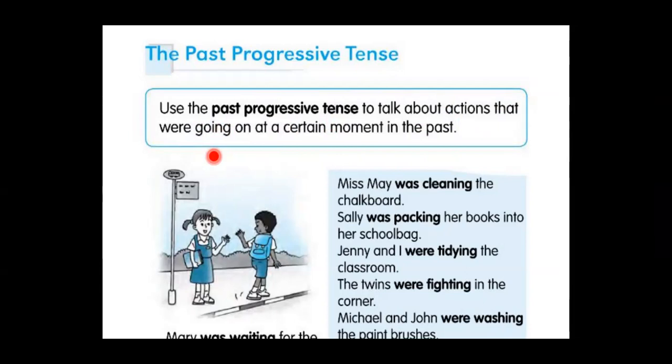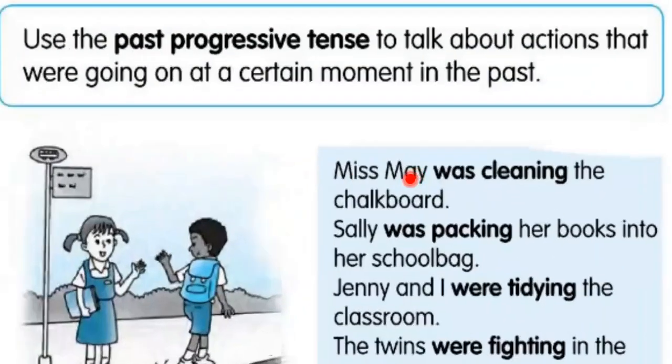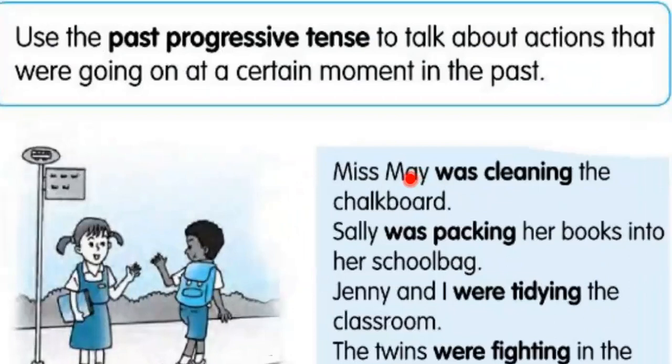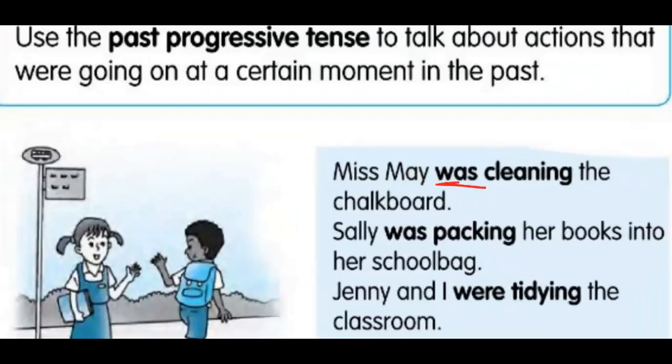Now let's have a look. Miss May was cleaning the chalkboard. So here, what is the helping verb used? Was. Cleaning is the verb. Was is the helping verb, and cleaning is the action word.